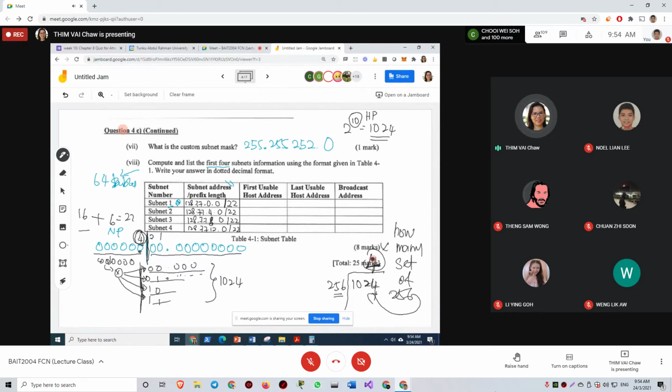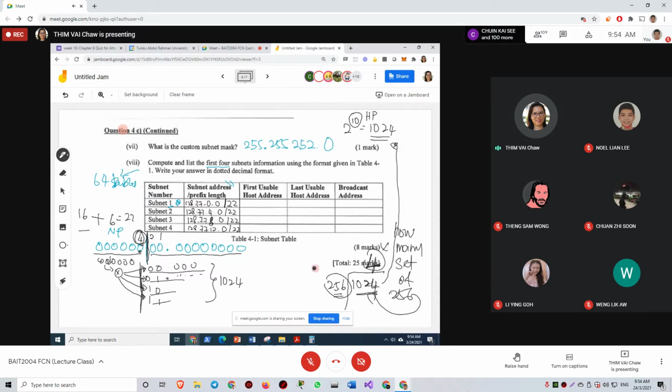Again, the magic number 4 here refers to how many sets of 256, then I will be able to generate this 1024, which is equivalent to 2 to the power of 10.